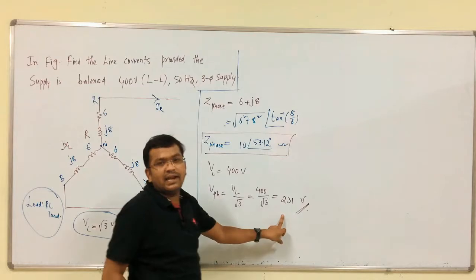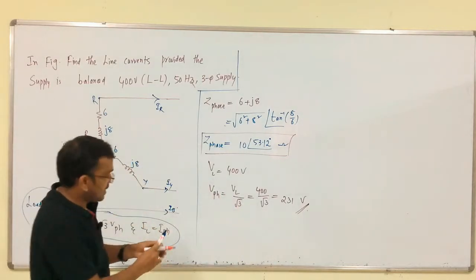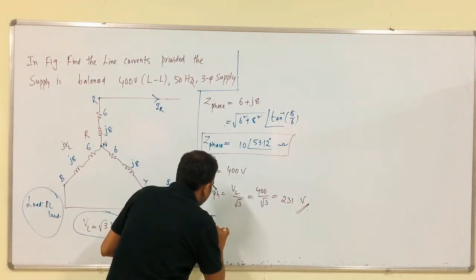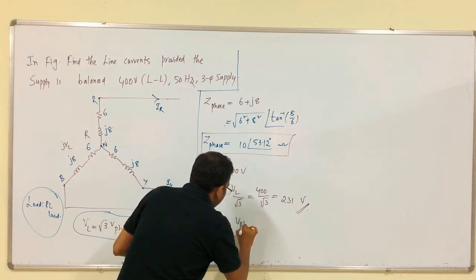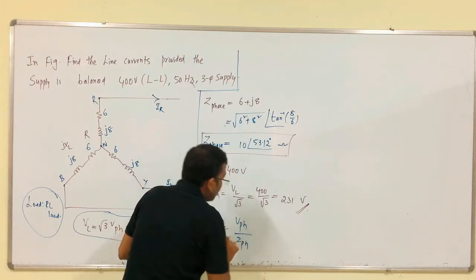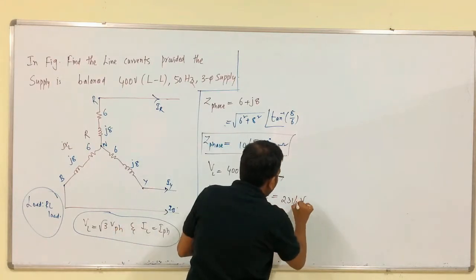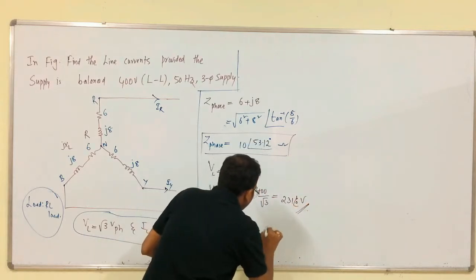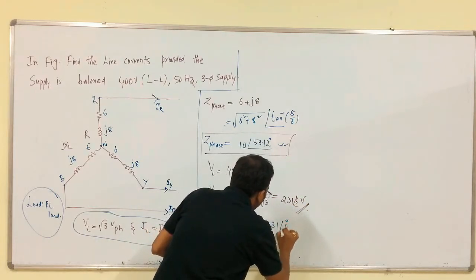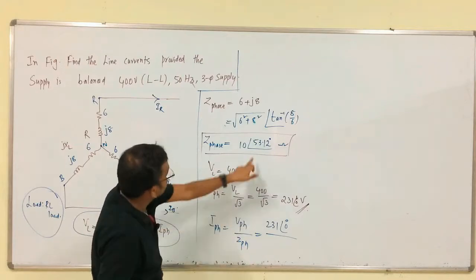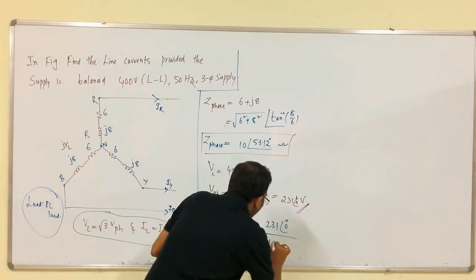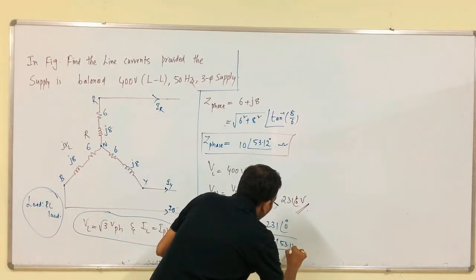Now, we have to calculate the phase current, that is I phase, which equals V phase by Z phase, which equals 231 at an angle 0 degrees divided by Z phase, 10 at an angle 53.12.